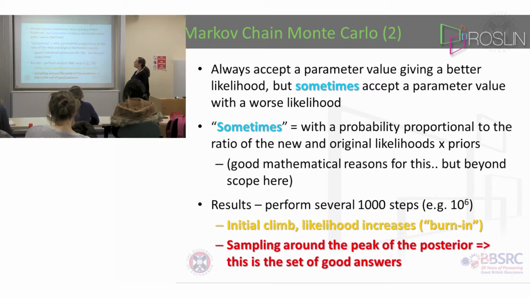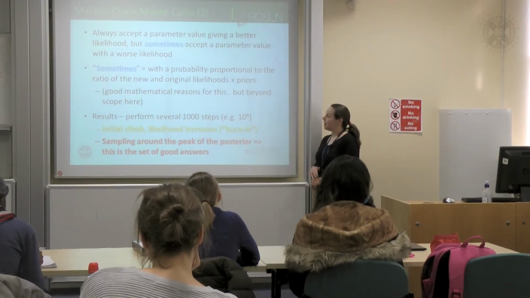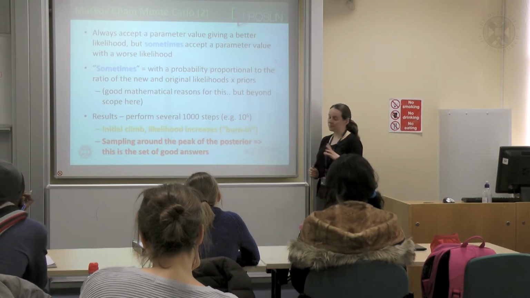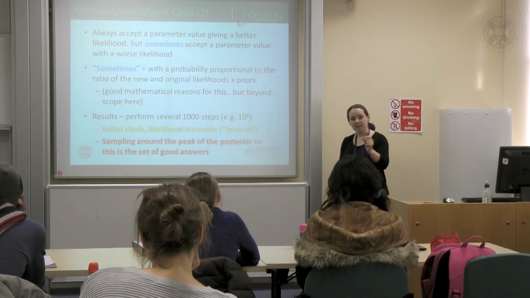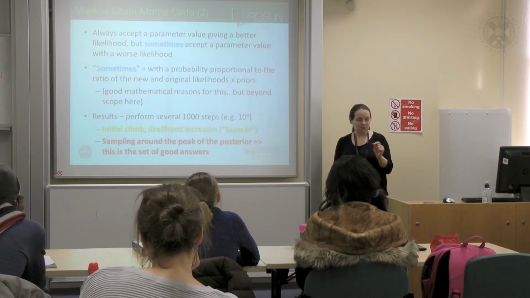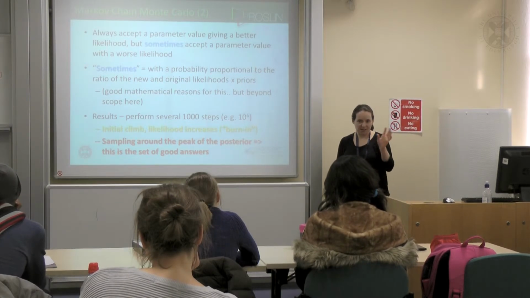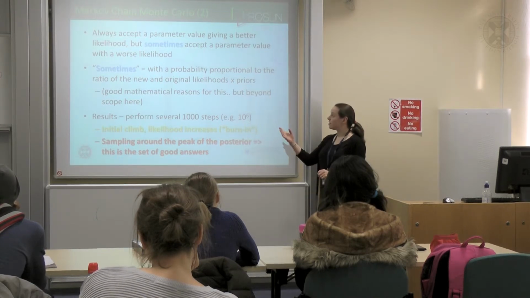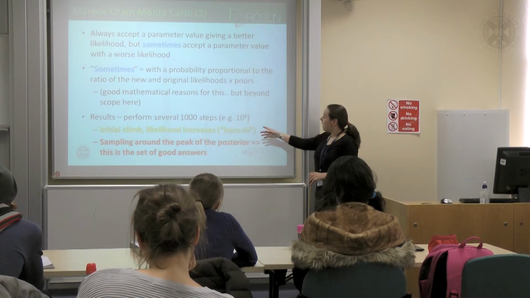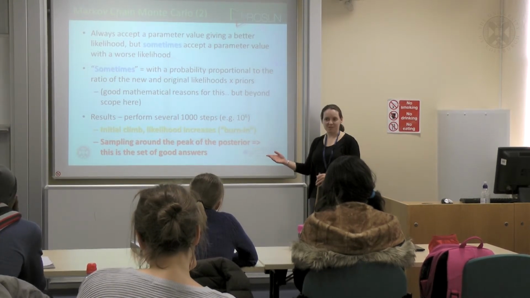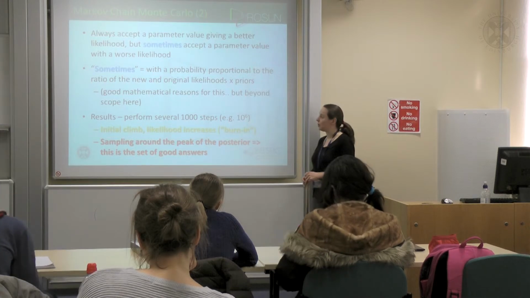But the outcome of this is that what you end up doing is trying different parameter values, sometimes accepting good ones, sometimes accepting slightly worse ones, and you try and try and try many times. In fact, you do it several thousand times. This is all within the program, of course. For example, 1 million times, 10 million times, in fact, is typical.